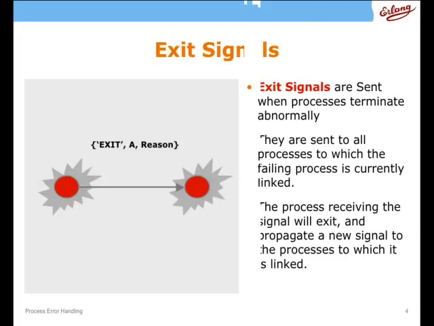So transitively, when there's been an abnormal termination of a process in one place in the system, it will travel across all the links in the system, terminating the processes which are linked. So that's the way exit signals work by default.